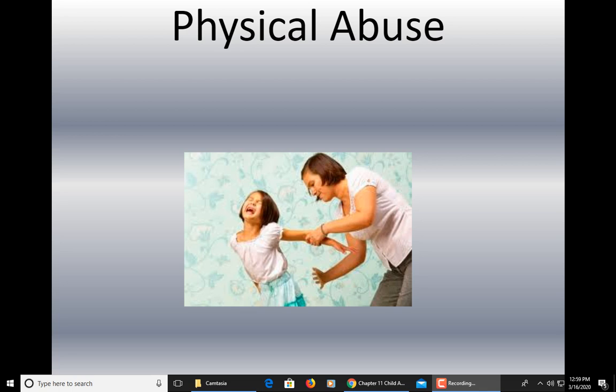So how do we separate physical abuse from corporal punishment? Now, there's a lot of things that can separate the categories. For one thing, what's the reason for striking the child?